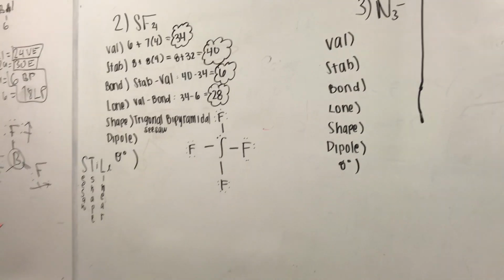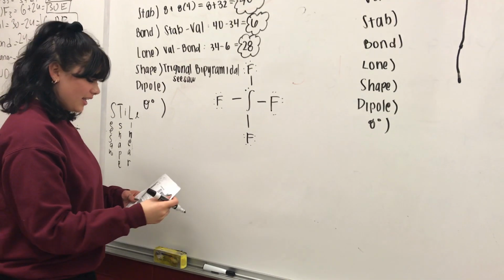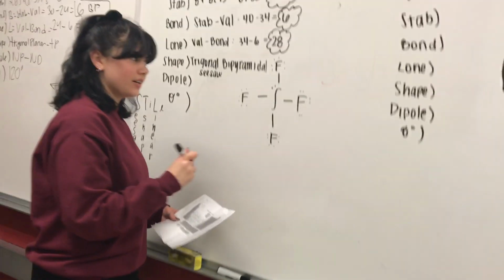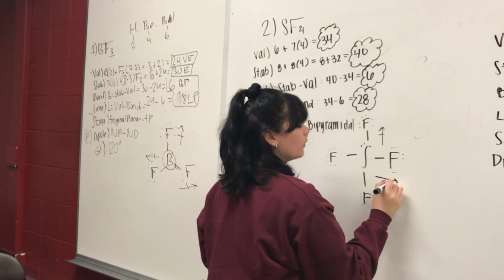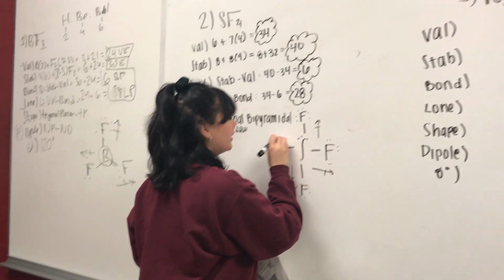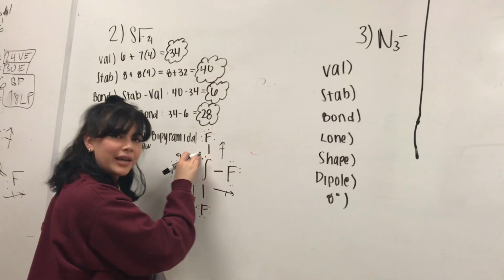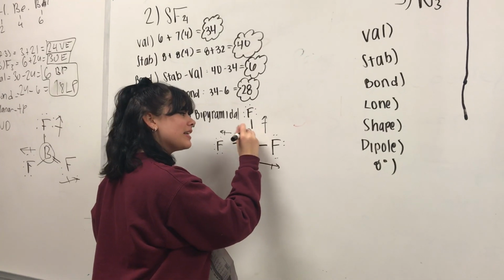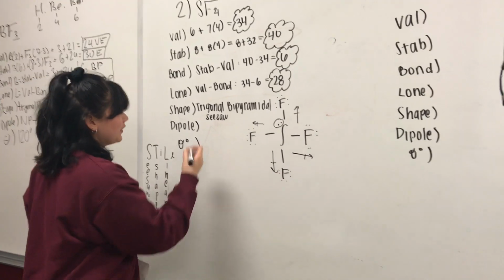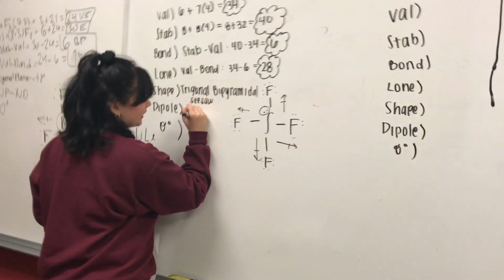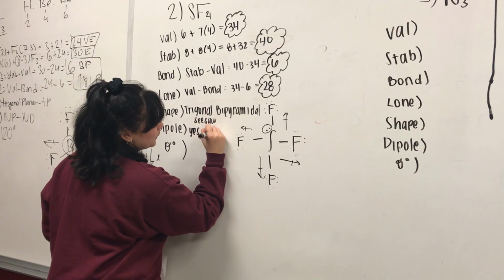Very good. Okay, and because F is more polar than S, they're all going different directions. But there's a lone pair here. So it's a space window, which means it's polar. So there's a dipole, so yes for dipole, and it's polar.